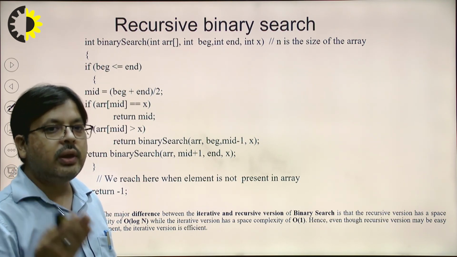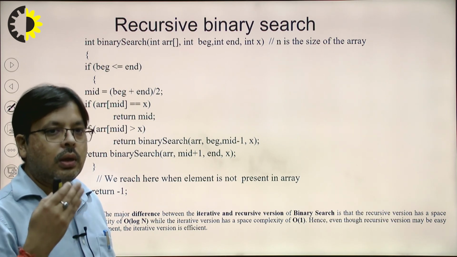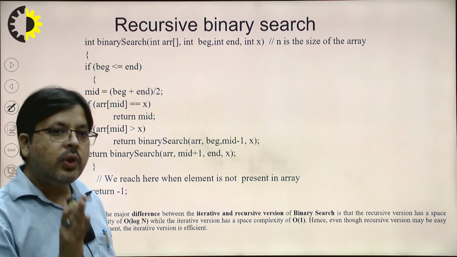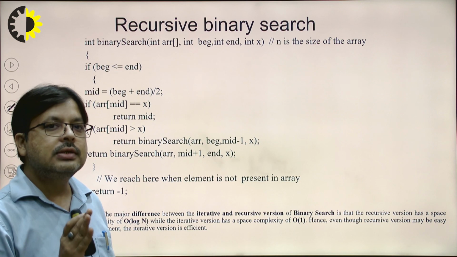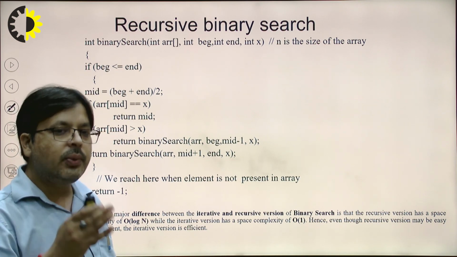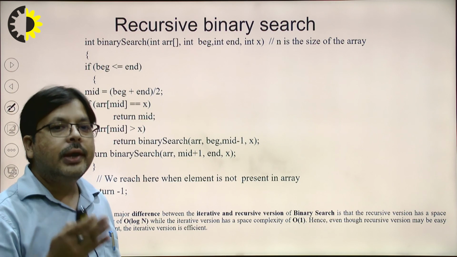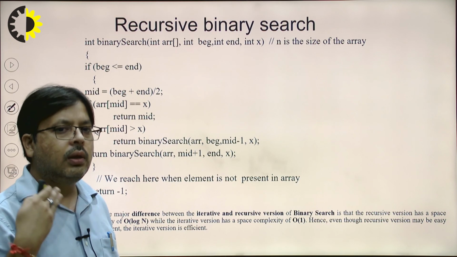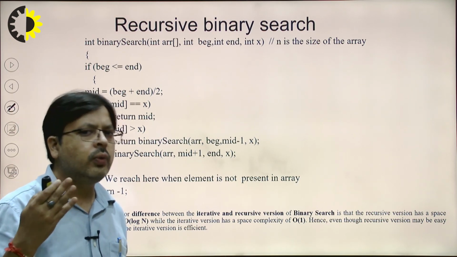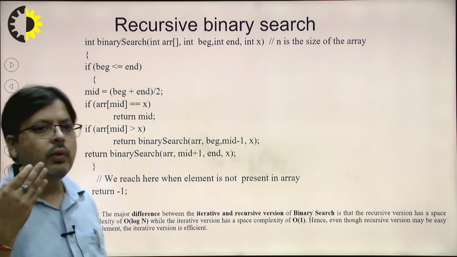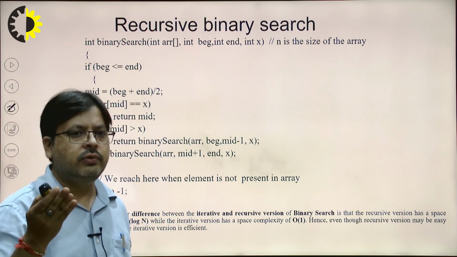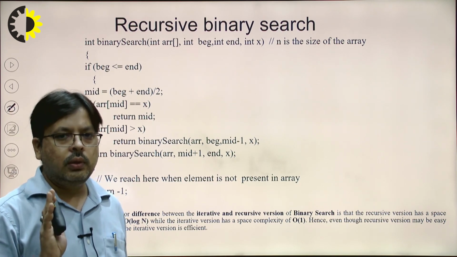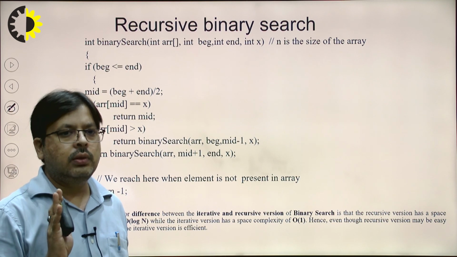We perform repetition with the help of recursion, but remember there is no difference between iterative binary search and recursive binary search in terms of complexity. It will not improve the complexity. So it is better to use iterative search, which is better for general use.